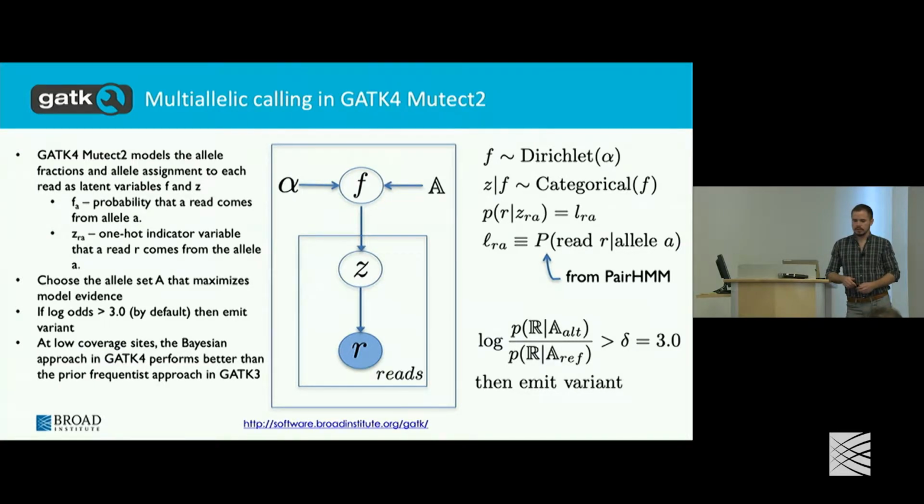We know what the allele fraction is, but we don't necessarily know that it represents the actual fraction of the cells in the population. So we model that through this random variable F, and then we marginalize it out, and this gives us a nice way to call multi-allelic sites. We are able to compute this log likelihood ratio for multiple alleles.